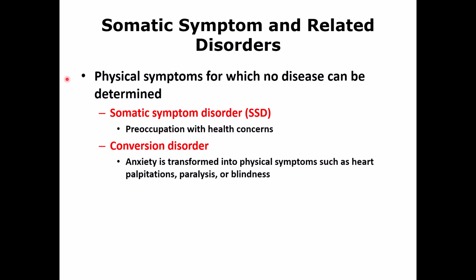For example, they sweat, and they think, okay, they may have a serious virus, or they may have a small headache, and they may think they may have cancer or something. These conditions are more common in elderly patients, and also patients that are working in healthcare. So students and also healthcare workers more commonly see this condition.